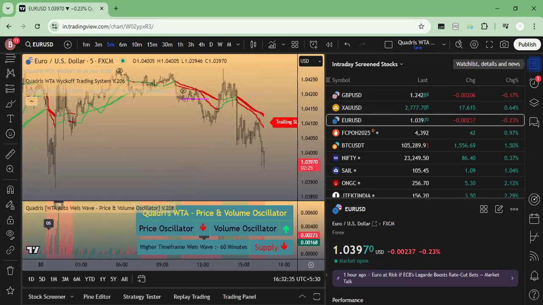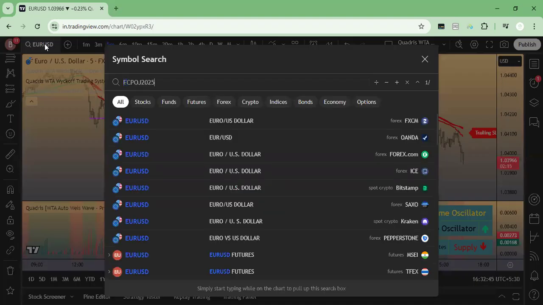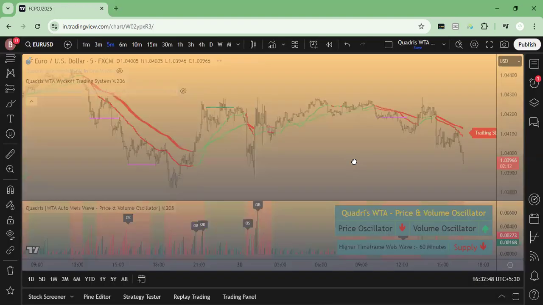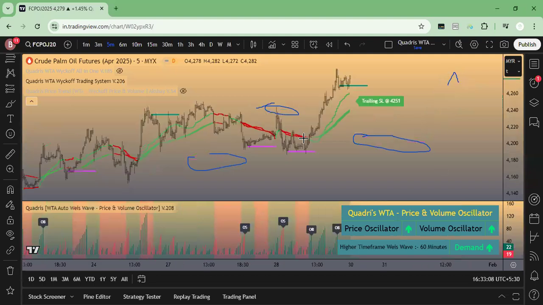Before closing this session, I'll look into the Malaysian market for FCPO, the 5 minute chart. Now here we got counter trend moves, but I don't trade counter trend moves because there is something different. Here we got a trend continuation kind of a trade on a 5 minute. This is what I was talking about.